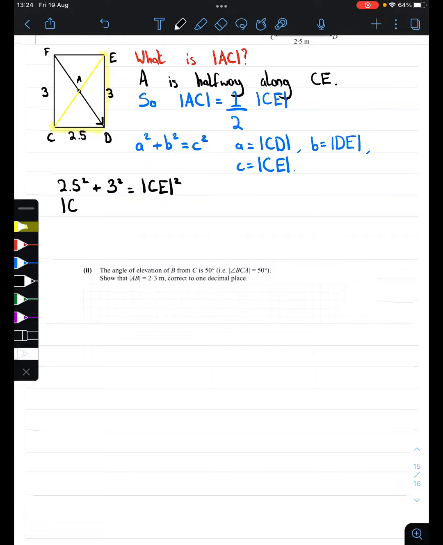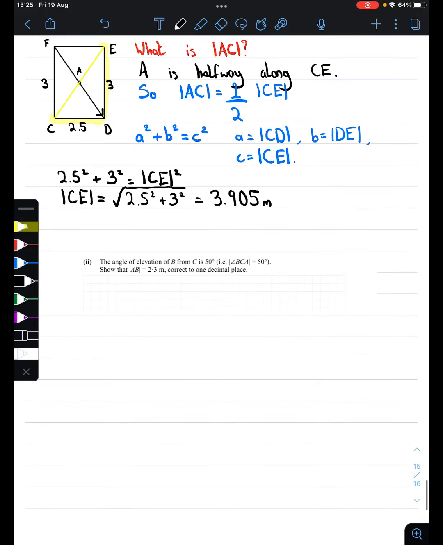So the length of CE is the square root of 2.5 squared plus 3 squared, which is 3.905 meters. Okay, so then AC will be half of that.